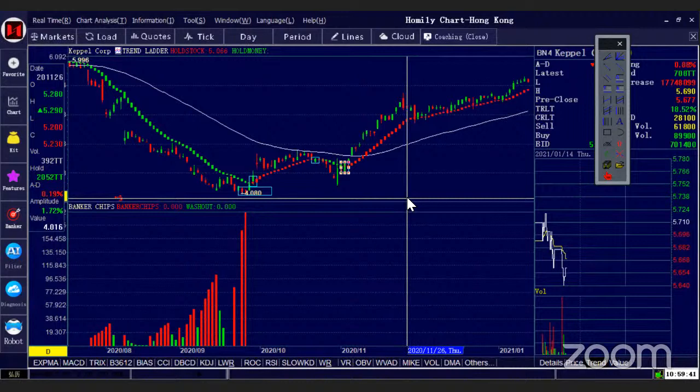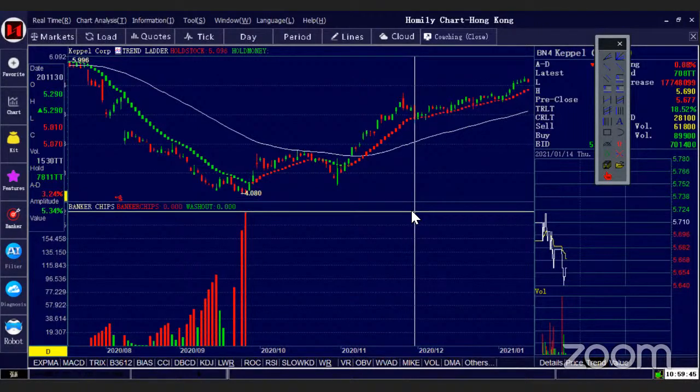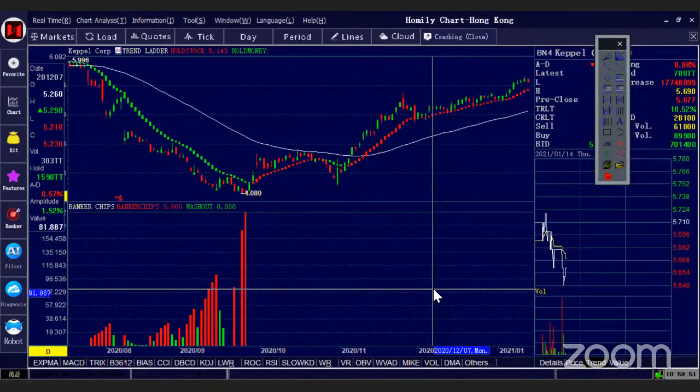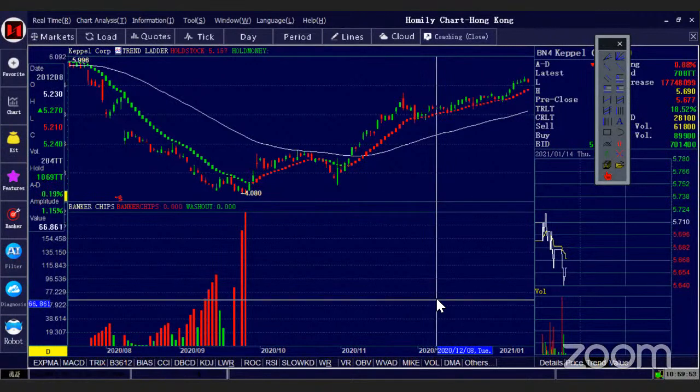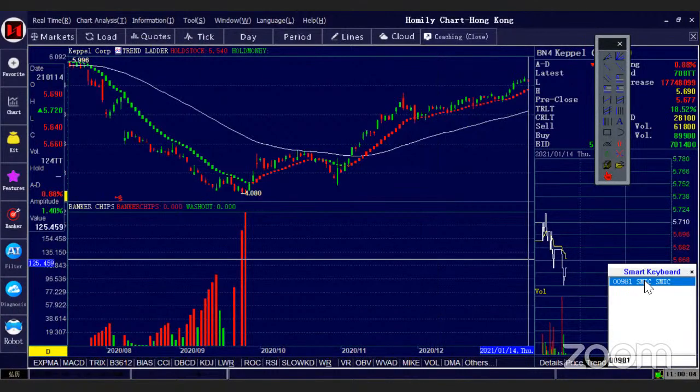Actually, banker chips is a very comprehensive, very powerful indicator. It can be applied for a lot of cases. It's a very practical indicator here. And for the Hong Kong market, let's say 00981 SMIC, right?